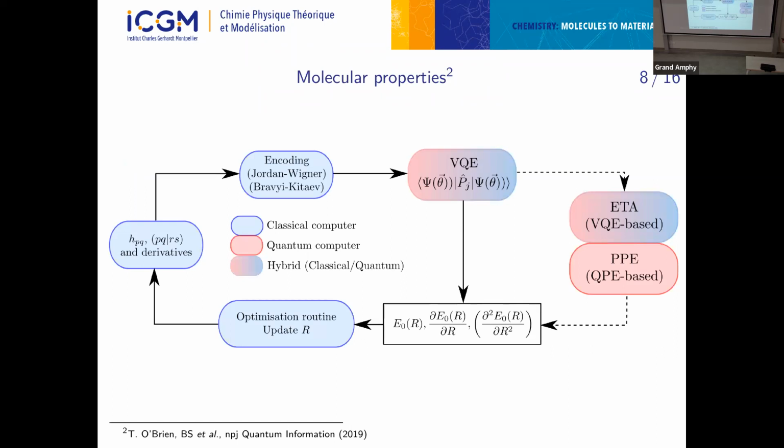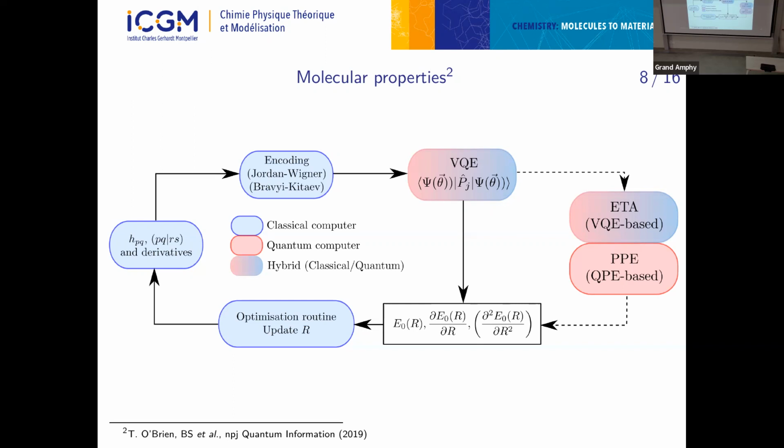Molecular properties are derivatives of the energy with respect to an external perturbation or a change of coordinates, if you want to do geometry optimization. This can be done quite simply. We can take the electronic integrals and the analytical derivative, for instance. Then we encode the problem on a quantum computer, with Jordan-Wigner.